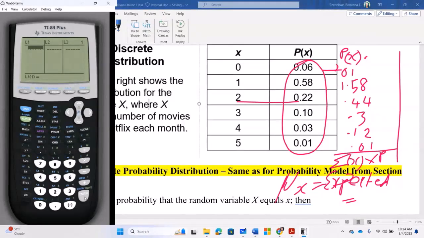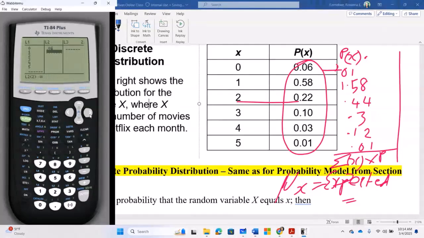Random variables are X. So when X is 0, enter, 1, enter, 2, enter, 3, enter, 4, enter, and 5, enter. I want to make sure I change the mode to float, because this is probability, so I don't want it at 3 decimal places. Now the next thing is to go back to stat and put in L2, the probabilities.